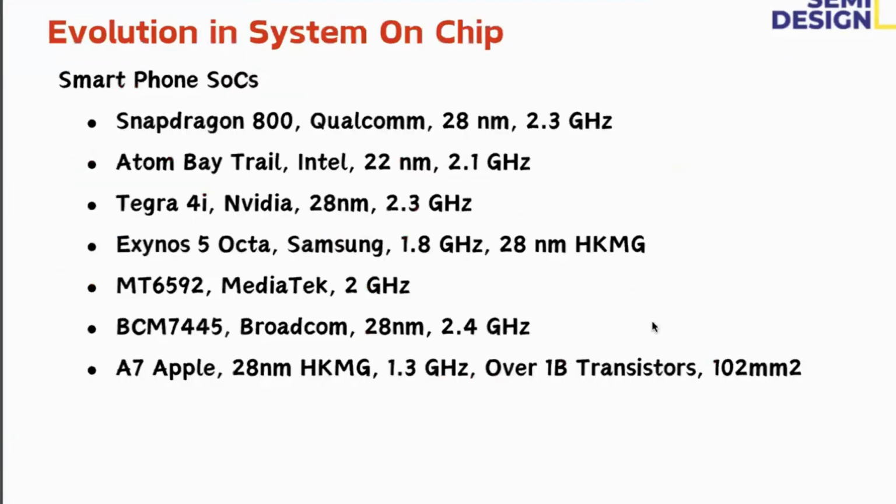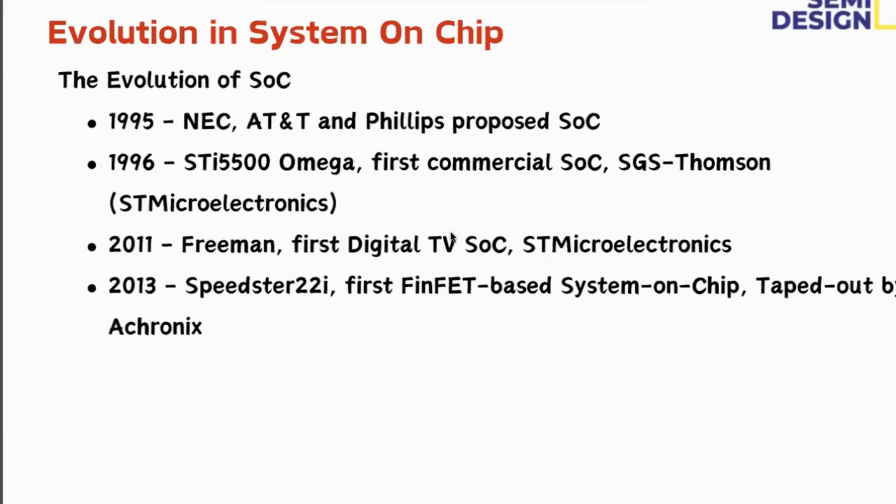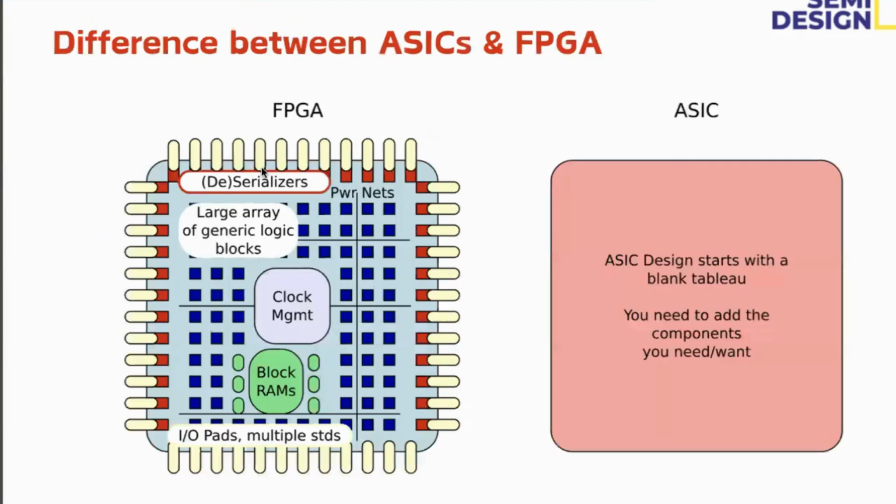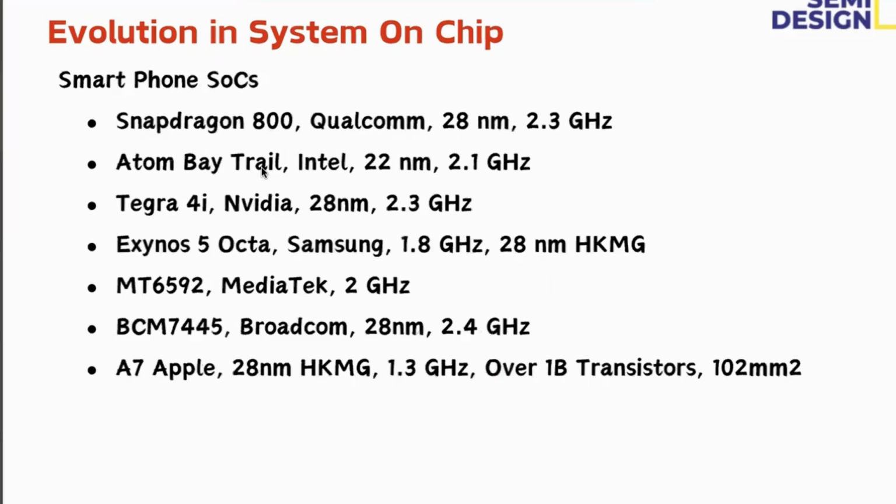So here you will find the evolution of system on chips: in 1995, what type of SOC we used, then 96, 2011, 2013, and in smartphones, what type of SOCs we are using. Snapdragon from Qualcomm and Tegra from NVIDIA.